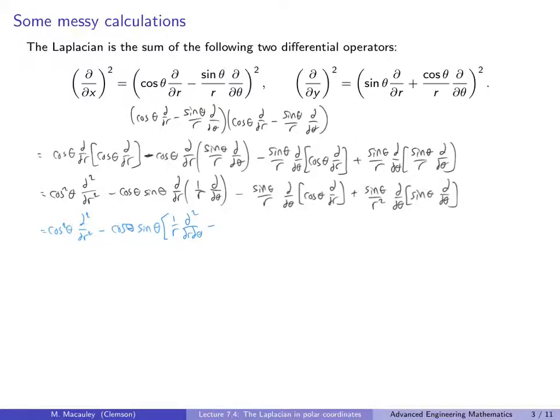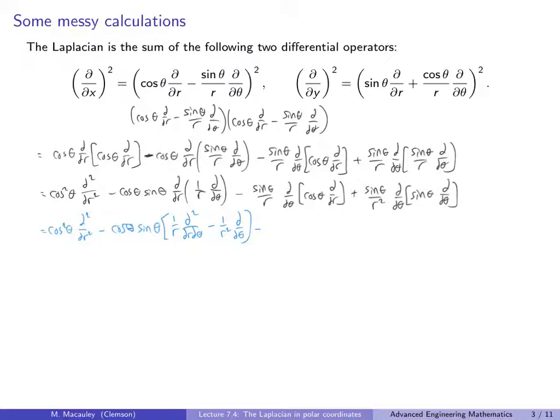The derivative of the second one is minus 1 over r squared times the second term, which is d theta. So again, this is d/dr of that plus d/dr of that times that. Okay, so just the product rule.